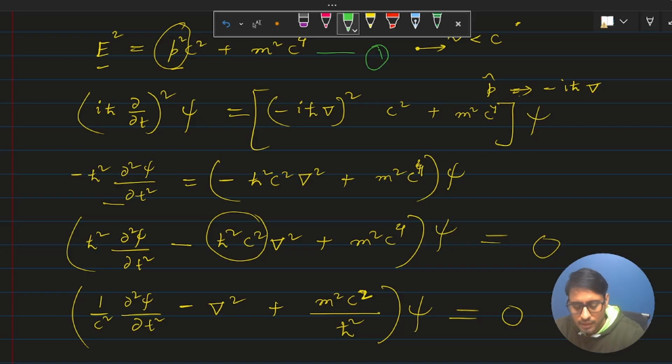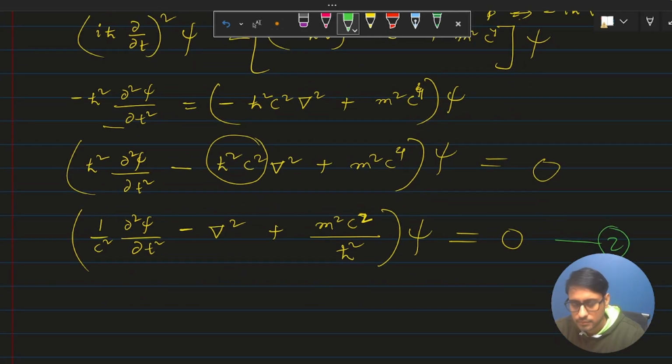We can also write it in some interesting way. If you have ever gone through the theory of relativity, they call it the box operator.